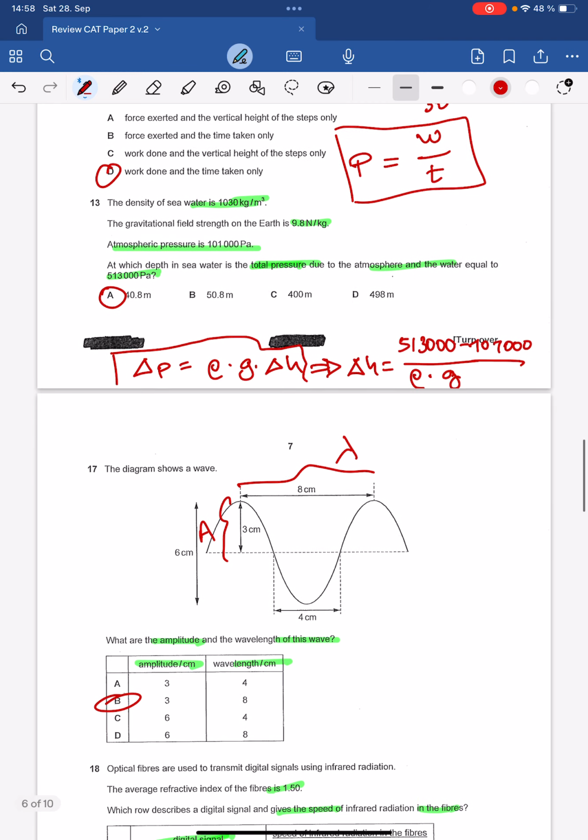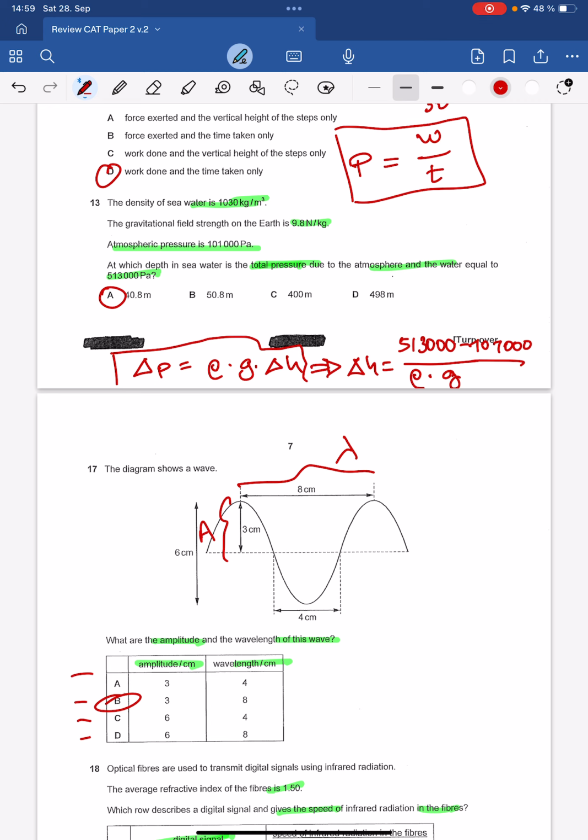The next one, on the contrary, should take you literally 15 seconds to solve. The diagram shows a wave. What are the amplitude and the wavelength of this wave? Again, same structure, four possible answers and different criteria. So you look at this graph and you need to immediately identify that the 3 centimeters is my amplitude, the maximum displacement from the equilibrium point, the balance point.